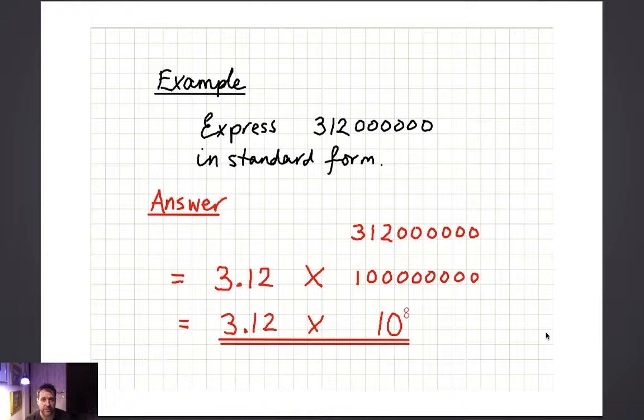So here's an example. Express this number here, 312 million, in standard form. I've written the number first, 312 million. Over here I've written a number between 1 and 10 that uses the same digits, so 3.12, and then multiplied by, and then lined up with my original number, I've put a number that's a 1 with lots of zeros.